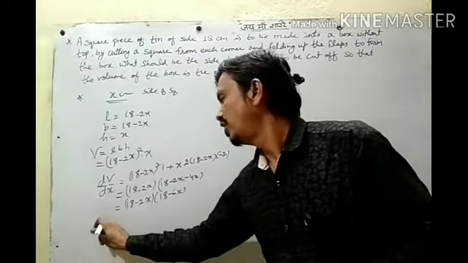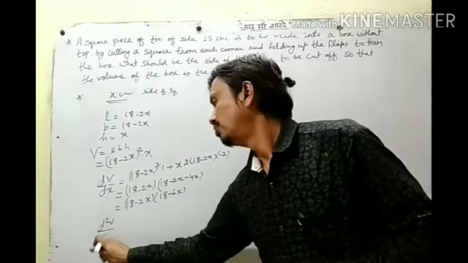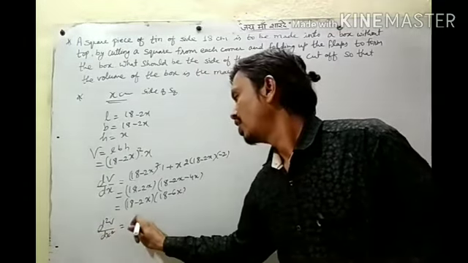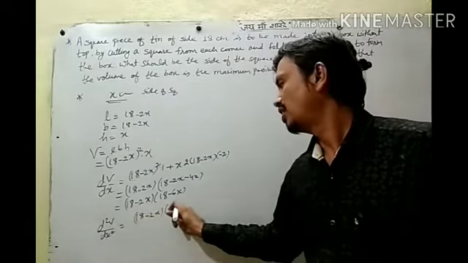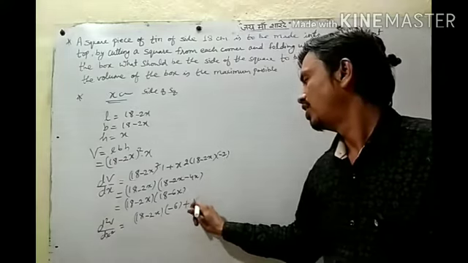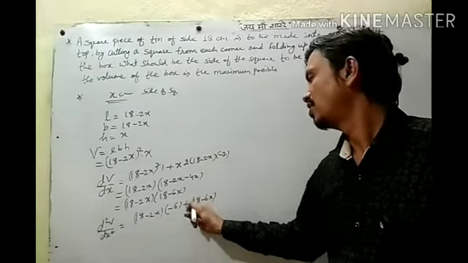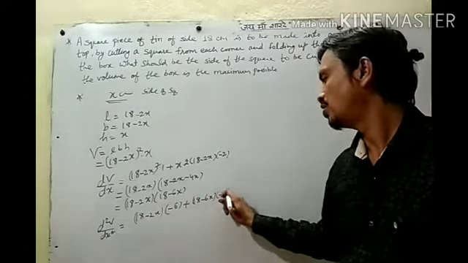Again differentiating, 18 minus 2x as it is into its derivative minus 6, plus 18 minus 6x as it is, its derivative minus 2.